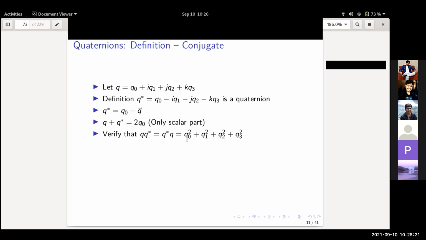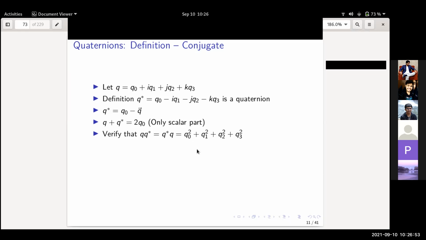So one more thing is, how do you compute the inverse of A plus iB? A minus iB by the square root of A square plus B square. Very good. A minus iB divided by A square plus B square. So what about the inverse of a quaternion now?